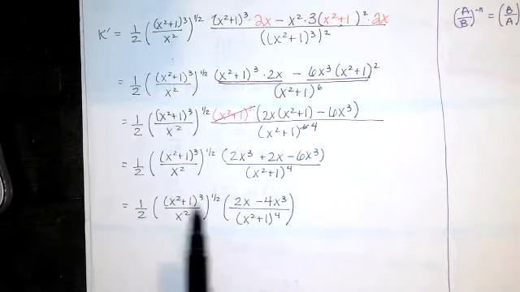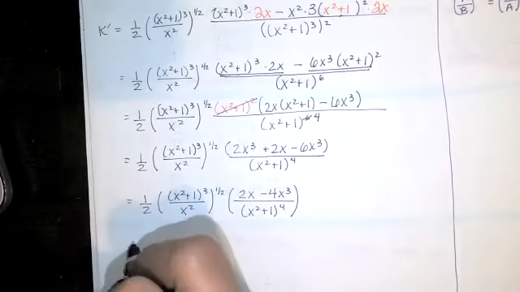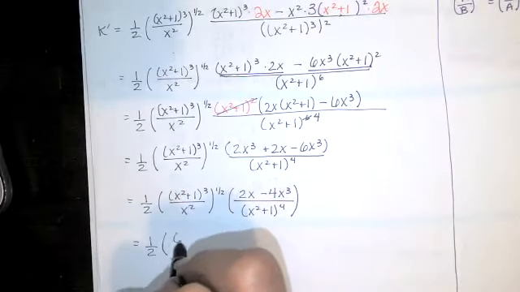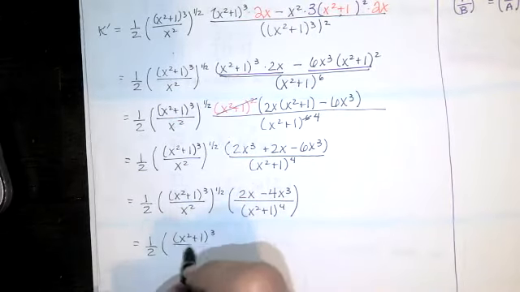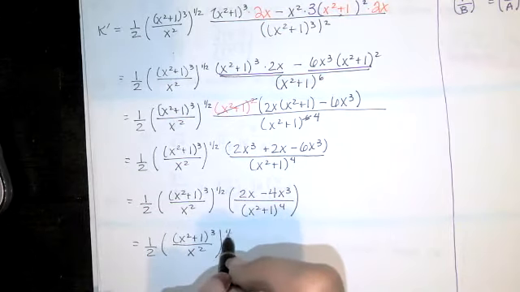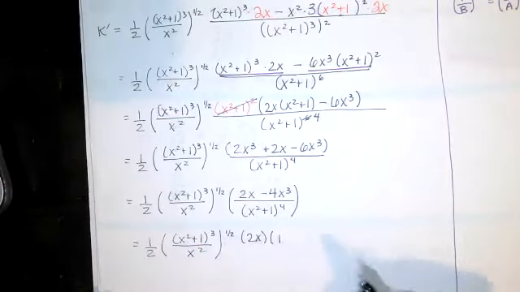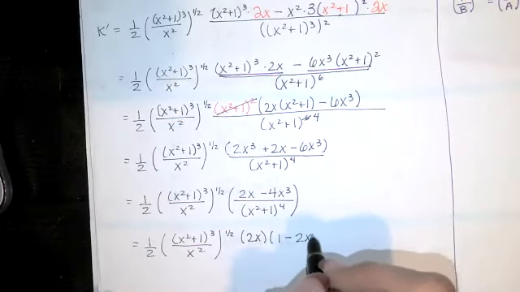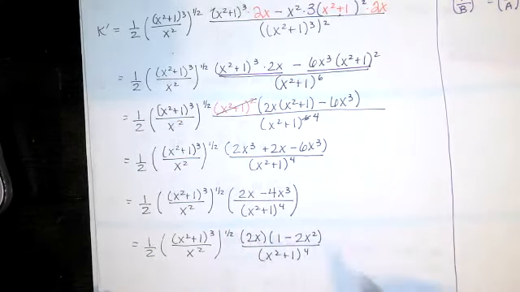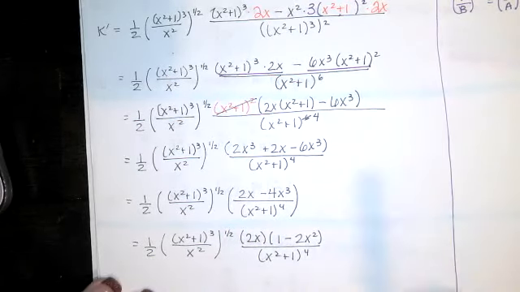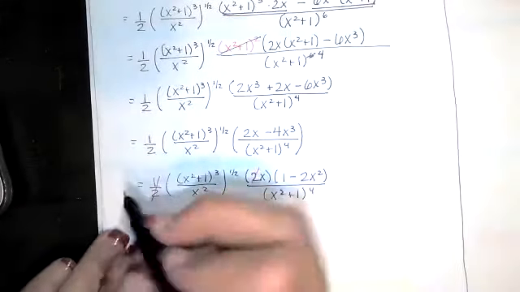Now I see that this has a factor of 2x and there's a 1/2 over there, so I will keep simplifying. Factoring out the 2x, I have 2x times 1 would give me that first term, and 2x times negative 2x squared would give me my second, all over (x squared plus 1) raised to the 4th. That 2 and that 2 will reduce. So we end up with this.